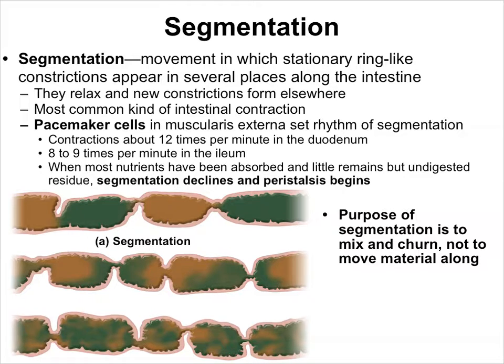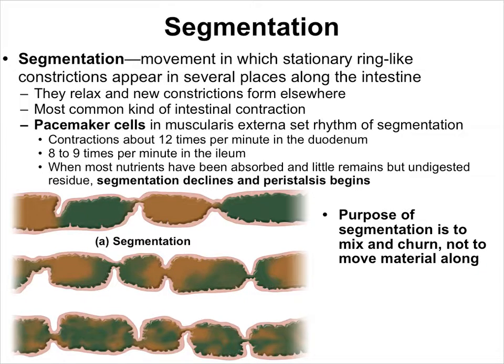What it's going to do is churn and mix the chyme, having the pancreatic juices and buffer and bile get mixed in with it, and it's going to mix the chyme so that the stuff that was in the middle of the chyme gets brought towards the edge where it can be absorbed.